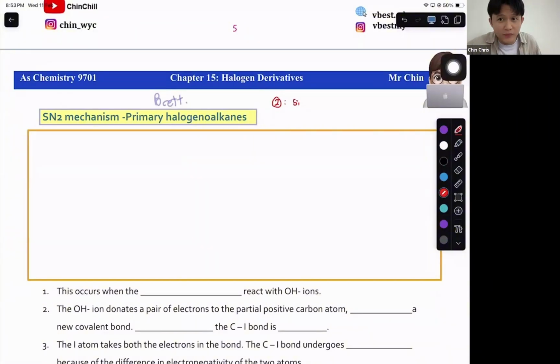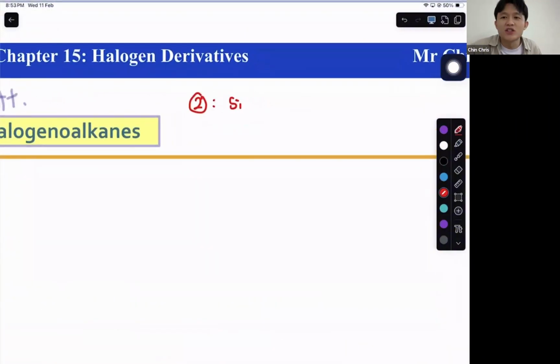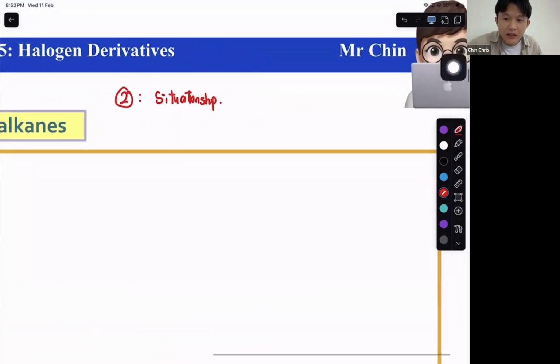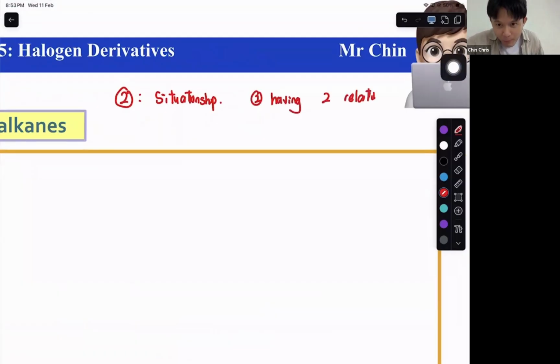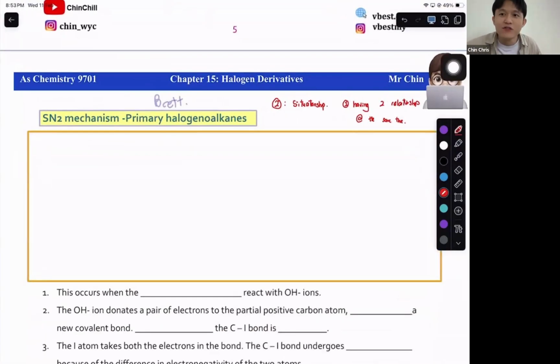In your Gen Z term, situationship. That's you, Brad. So the 2 stands for having 2 relationships at the same time. That's 2. Okay, so 2 means having 2 relationships at the same time.